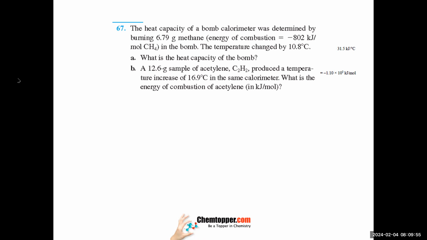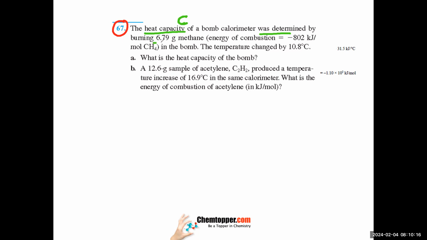Okay, question 67. This one is based on bomb calorimeter. The heat capacity, capital C, was determined. You don't know the value of C, so you have to determine it. It's called calibration.